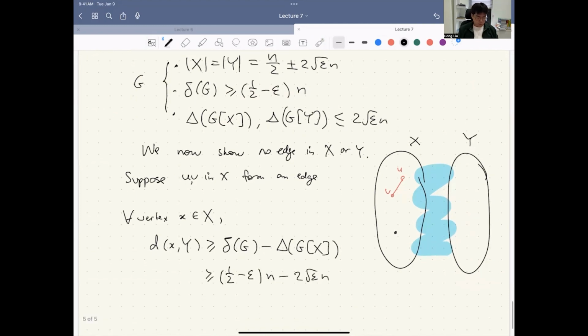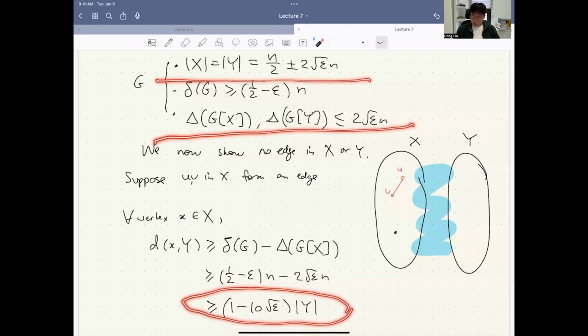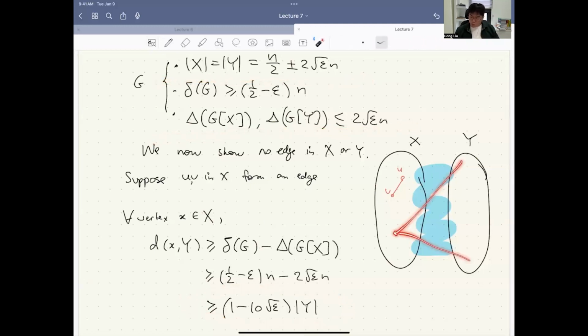So this is bigger than (1 minus 10 square root epsilon) times y. Using these two, we can prove this. So every vertex is almost full degree to y. This is the proof.